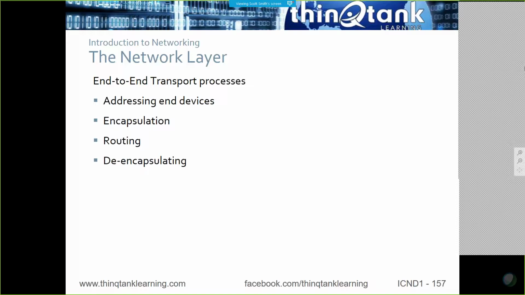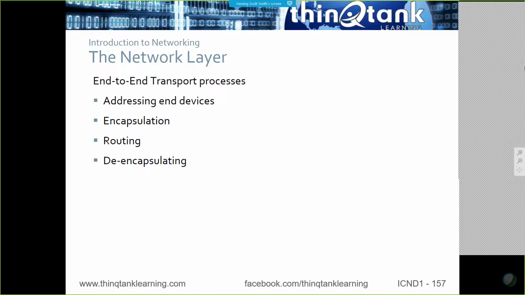Whereas in layer 3, addressing can go beyond the router or beyond multiple routers all the way to the end of the network. This is what we refer to as logical addressing. We use IP addressing to identify end devices as well as to identify intermediary devices like routers in between.